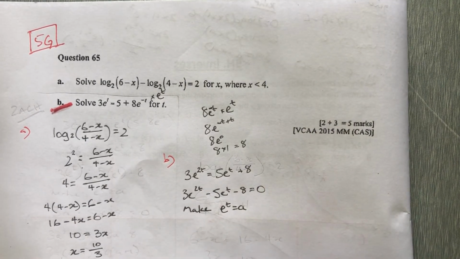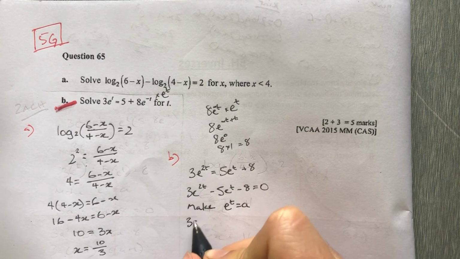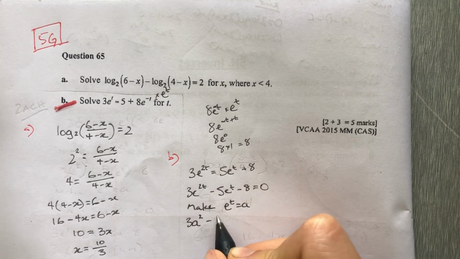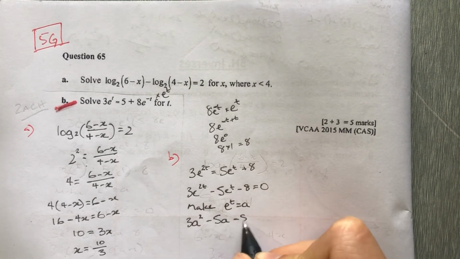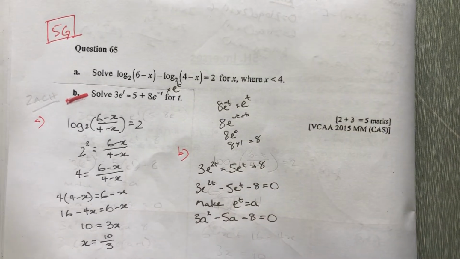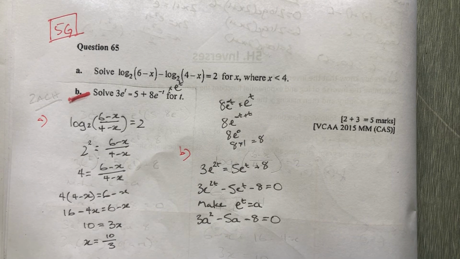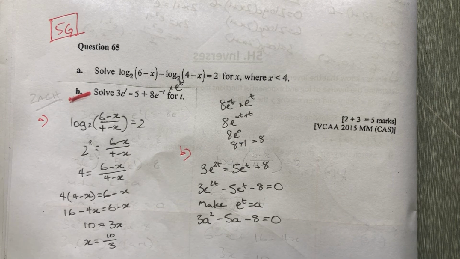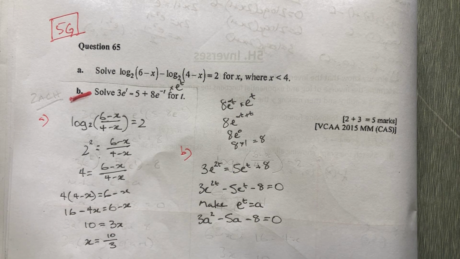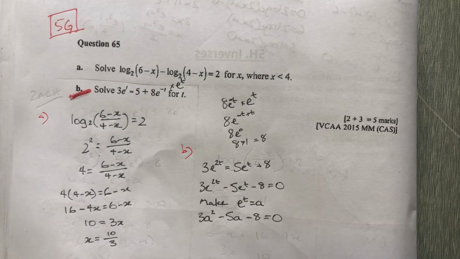Doesn't matter what letter, I just like to use a. Cool, so hopefully you can see we've got a quadratic there. Let's factorize it so we can solve for a. I know a is not really what we want to solve for, but we're going to end up getting to where we want to be if we do that.